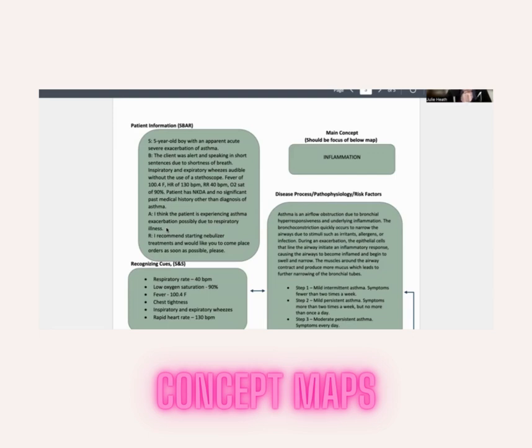We are not diagnosing the patient. So you have to put, I think that the patient is experiencing asthma exacerbation, possibly due to respiratory illness. There's a huge difference. It's like two words or one word, or the patient is possibly. How you list it in this section is so important. So make sure in this section that you say, I think the patient is experiencing blah, blah, blah.